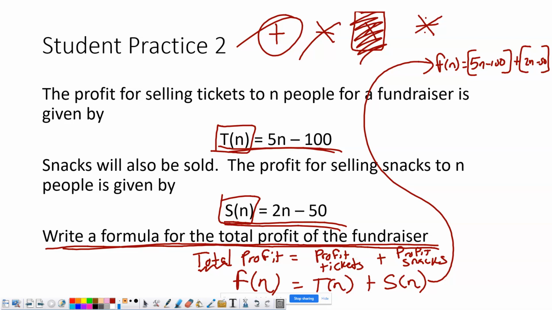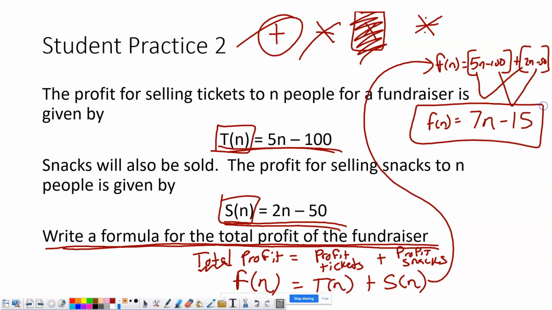And then if we go ahead and combine those together, we can have a simplified formula, which now tells us how much money we make after n people come to our event.